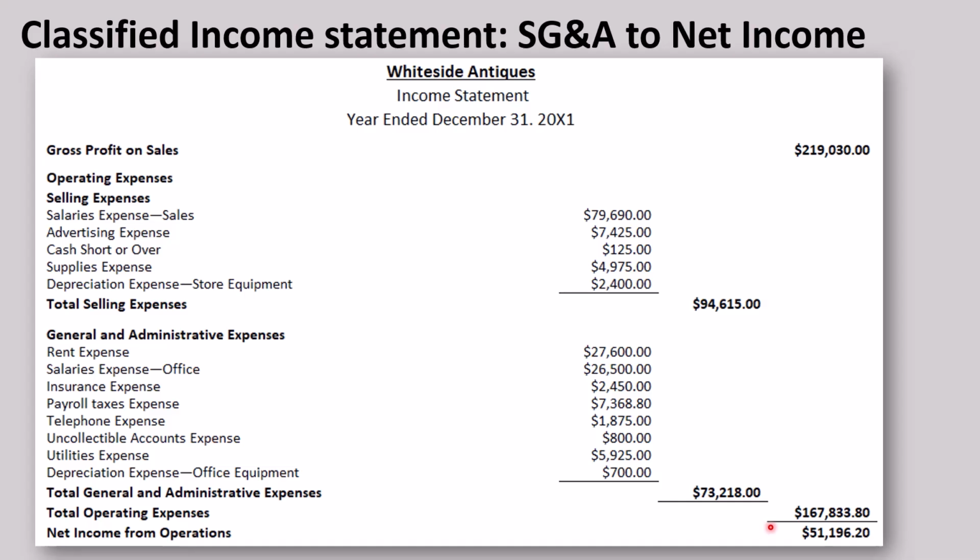In addition, investors will want to know if the company operates the business efficiently by calculating as a percentage how much the business spends on operating expenses. For this business, we calculate $167,833.80 divided by $549,150 equals 30.6%.